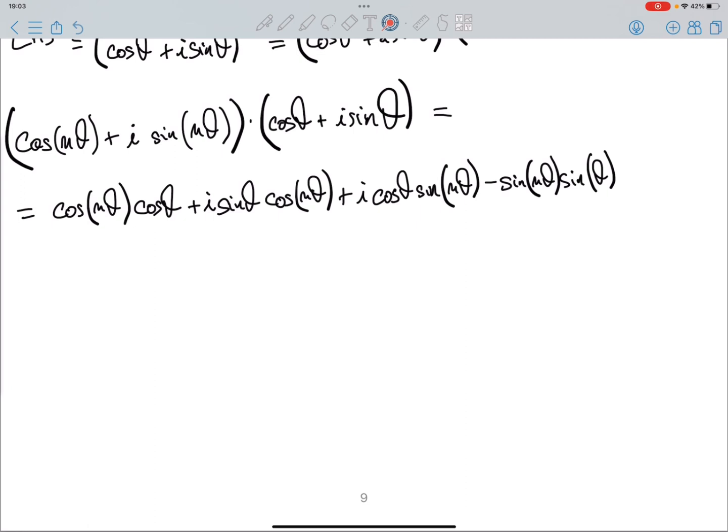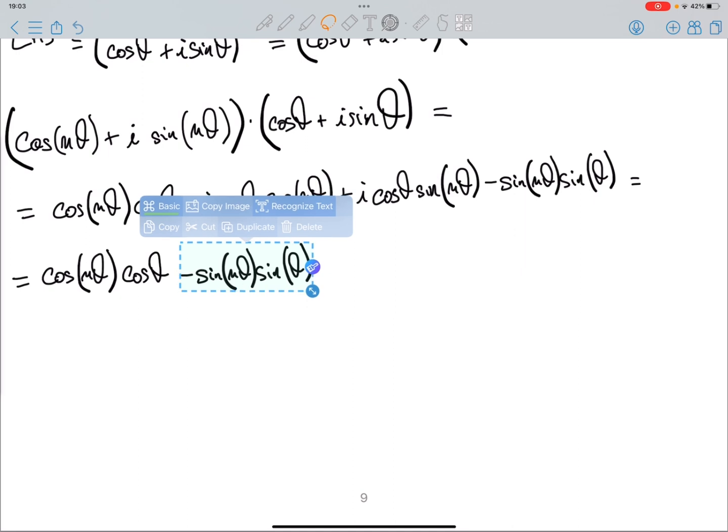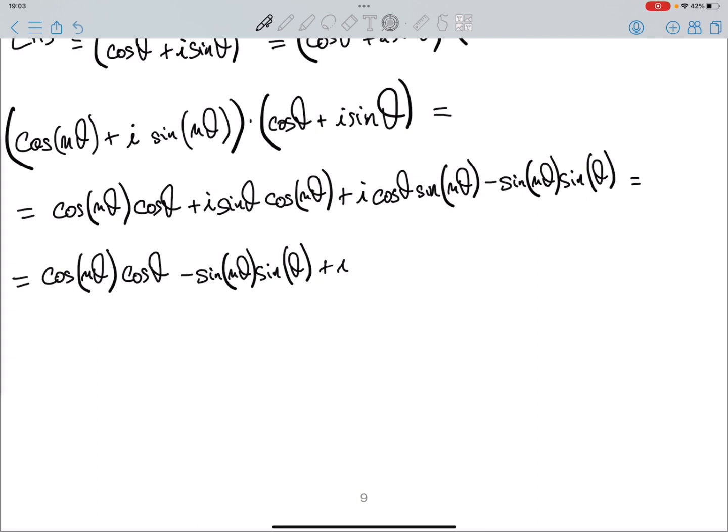So this is equal to cos(nθ)cos θ minus sin(nθ)sin θ, plus i times (sin θ cos(nθ) plus cos θ sin(nθ)).